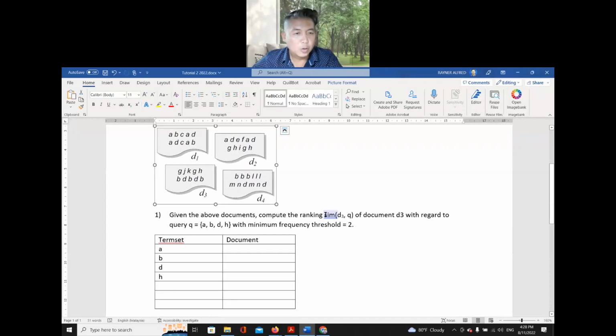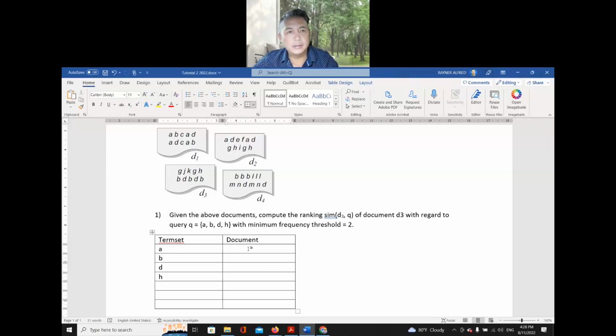For term set A, which documents consist of the term set A? We have D1, and then D2. That's all.